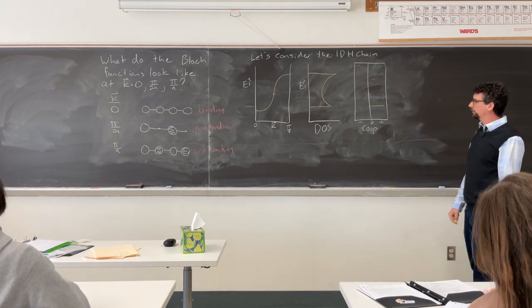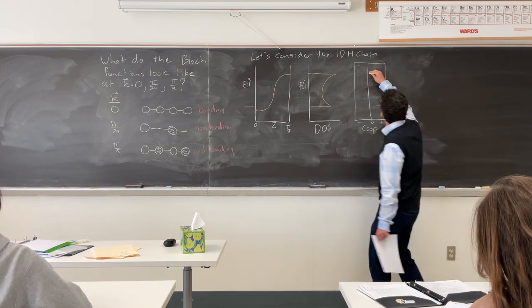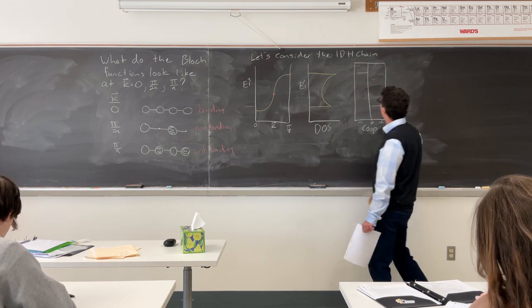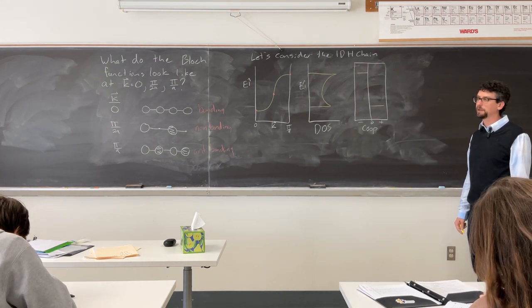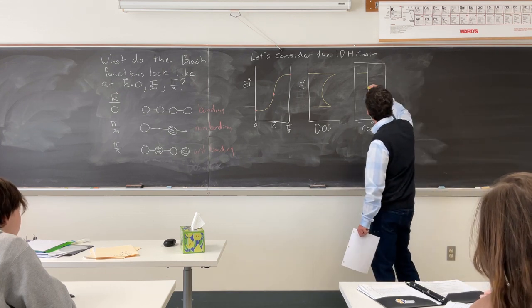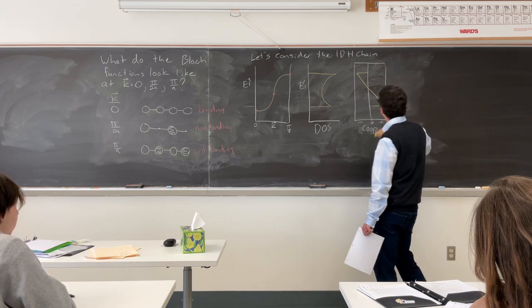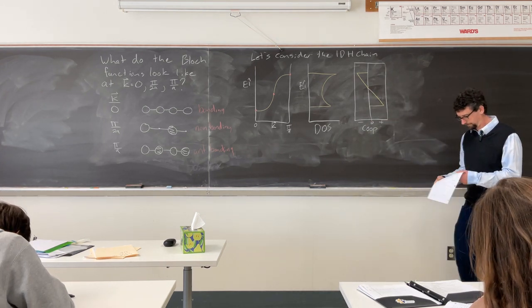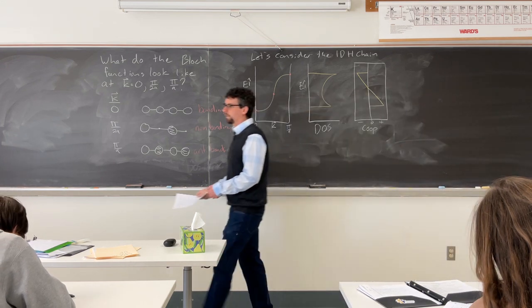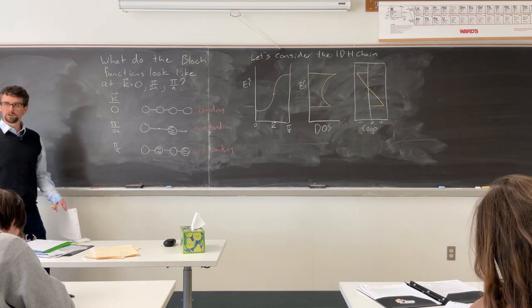Where's the most anti-bonding? Very end, yep. And what about in the center? Where should I cross, or where should I be at? Should be at 0. What this plot is going to look like is that. So it's an easy graphical way to show which states are bonding, which ones are anti-bonding.